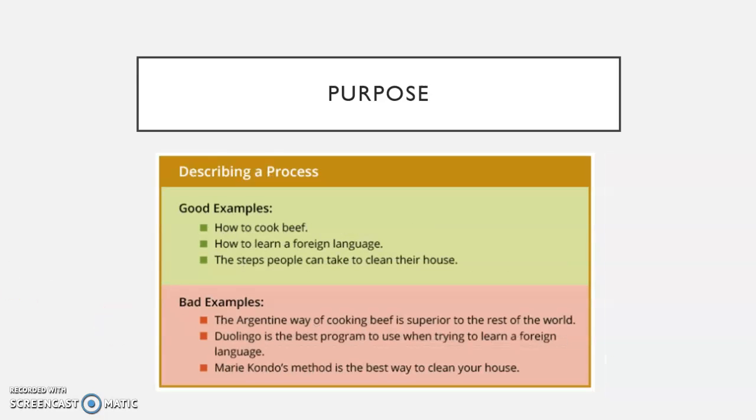This one, describing a process, the best way to describe it is a recipe. When you follow a recipe, you have specific steps, and that's really what your writing is going to look like. Here it shows how to cook beef.